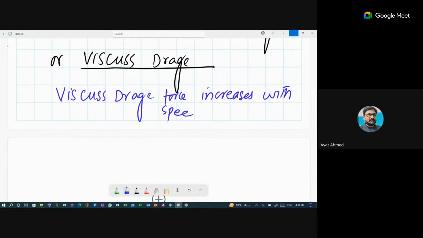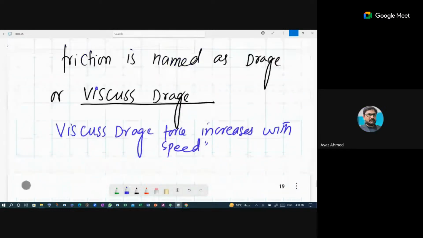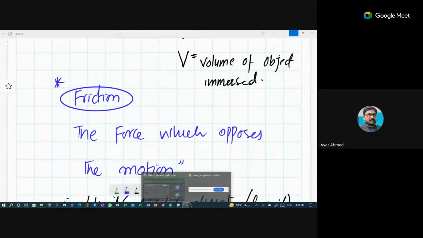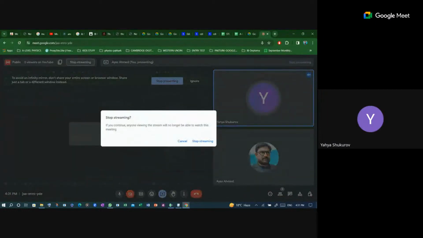As when you put your hand out of the window of a car, as the speed of the car increases, what happens to the drag force, or the opposition? It increases. Yes. So this was basically an overview of your forces. Is there any confusion in that? No. Sure.